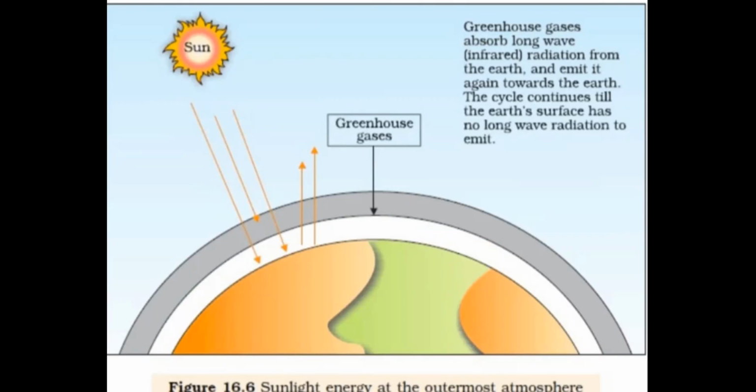The cycle continues till the earth's surface has no long wavelength radiations to emit. So the greenhouse gases absorb this infrared radiation and that helps to heat up the earth's surface. The name given to these is greenhouse gases.